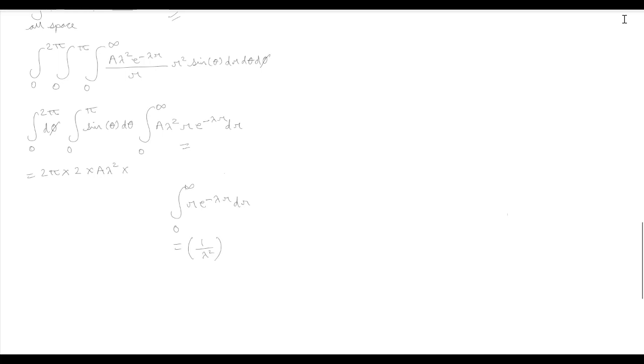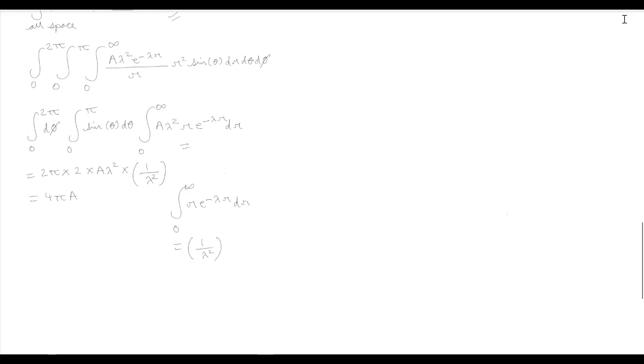I won't go through that integral now because it would make the video too long, but I might do it some other time in another video, so keep a lookout. The lambda squares cancel out, and we have 2 pi times 2, which is 4 pi a.